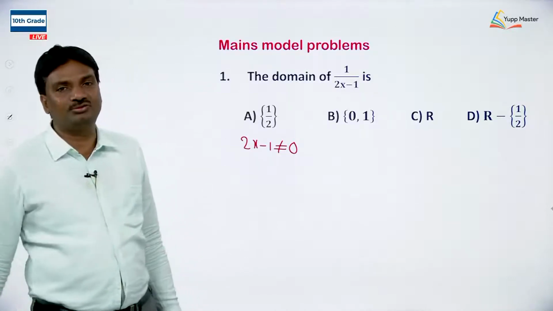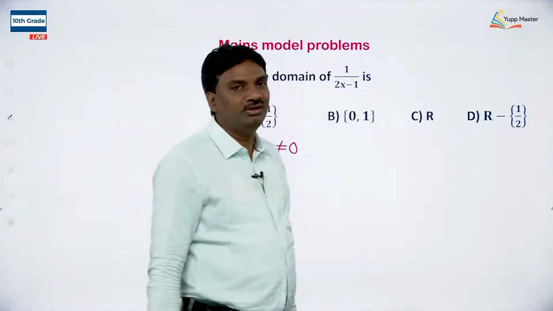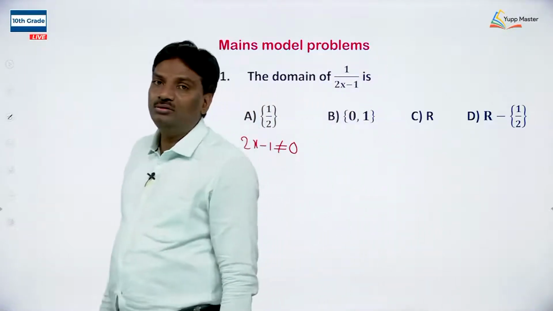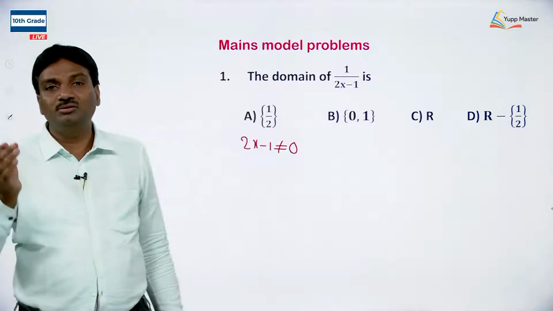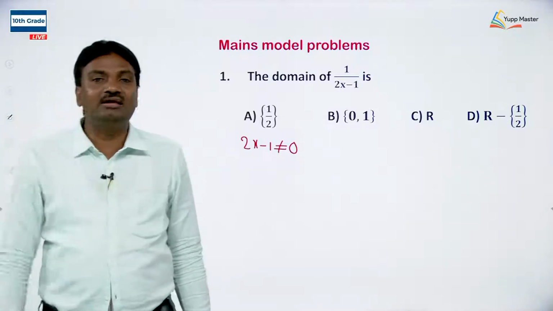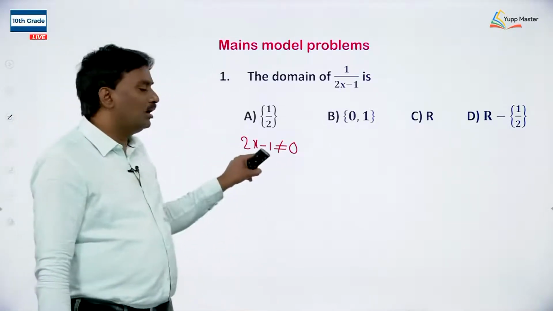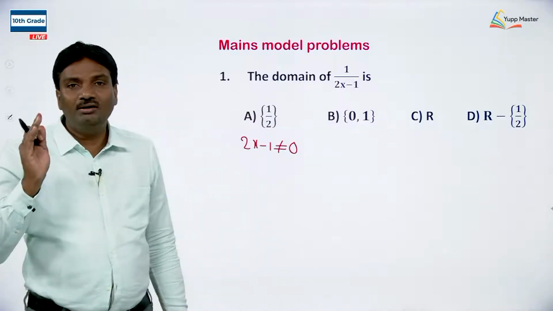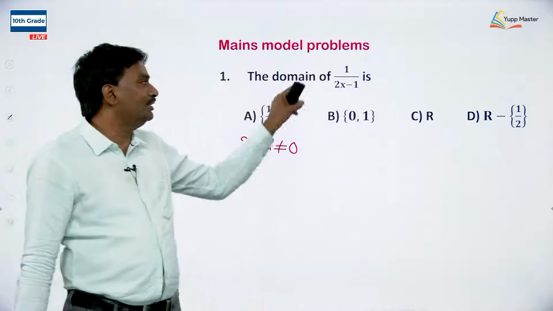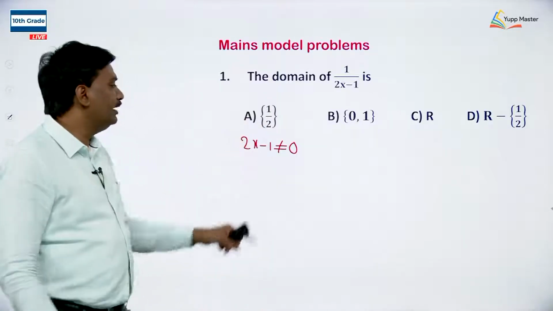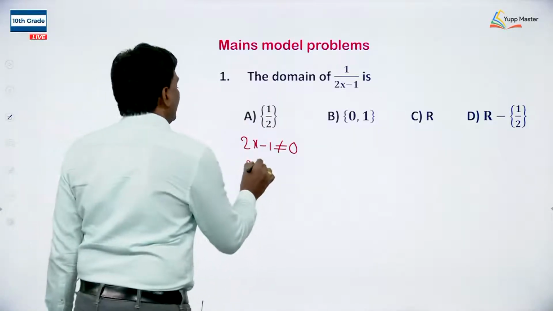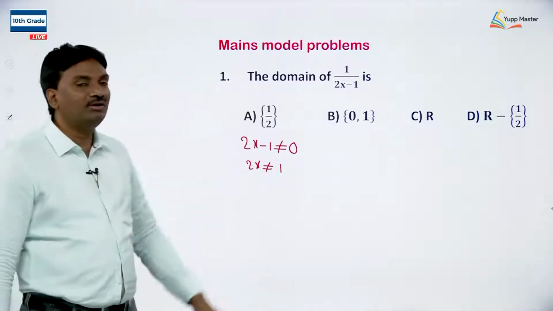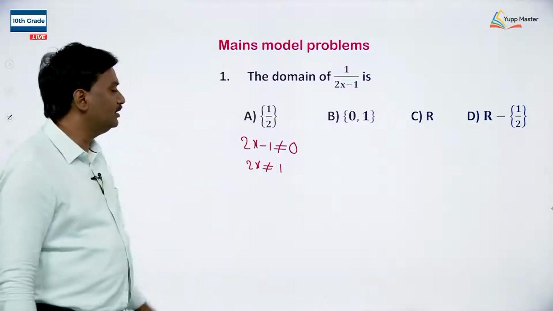Finding the domain of the given function is nothing but finding the values of x only. Remember that. Find the domain of the function means we have to find the values of x which satisfy the given function. Here, by taking minus 1 to the other side, we can write 2x not equal to 1.